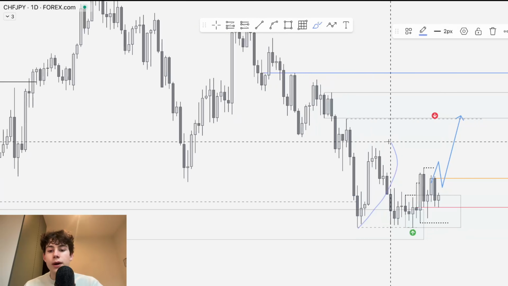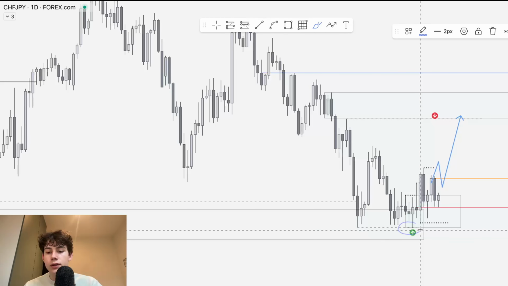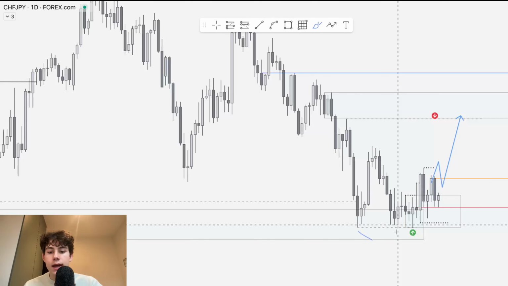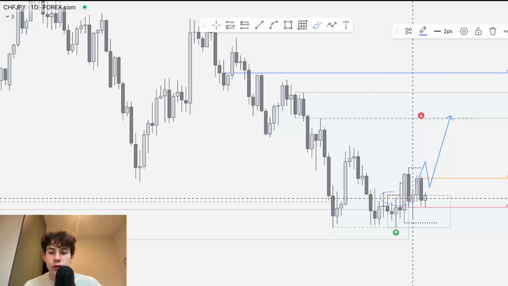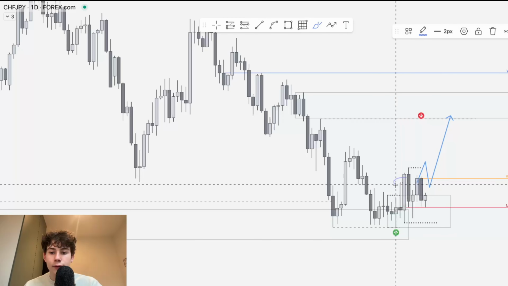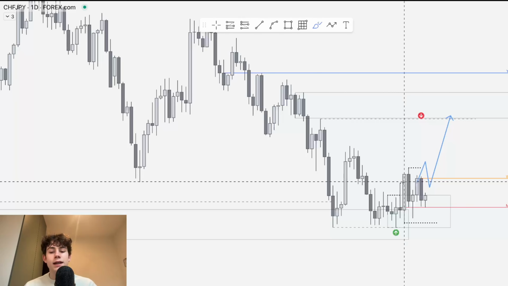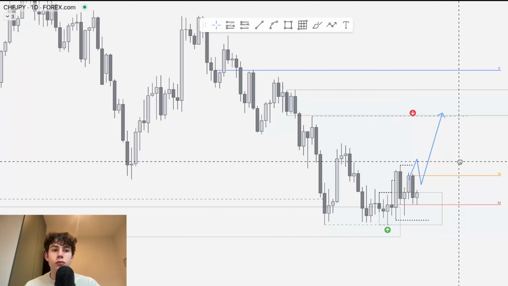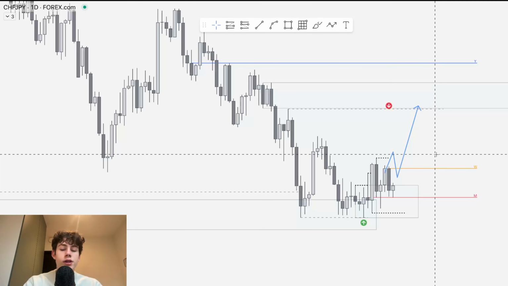So those early buyers got swiped on this low, so we take their stop losses which were under this low, and then we get a fractal break in towards the upside and another fractal break in towards the upside, indicating to me that price is really ready to trade up higher. So if you guys do not understand the fractal breaks, make sure to check that out as well.